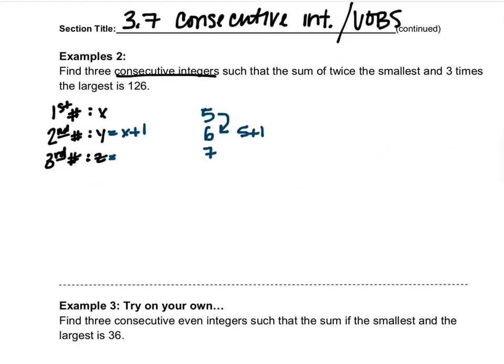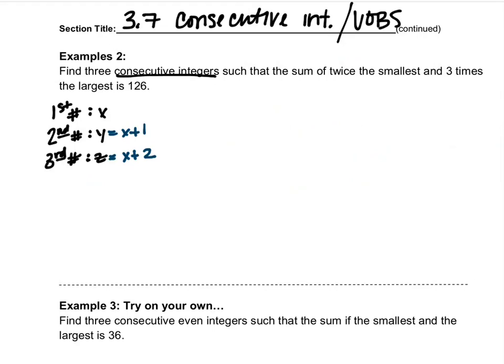To get from 5 to 7, I can take 5 and add 2. So for our first number, if we have x, the second number is x plus 1, and the third number is then going to be x plus 2, filling in that slotted area. Let's go ahead and erase this so that we have some room to actually write in our problem.